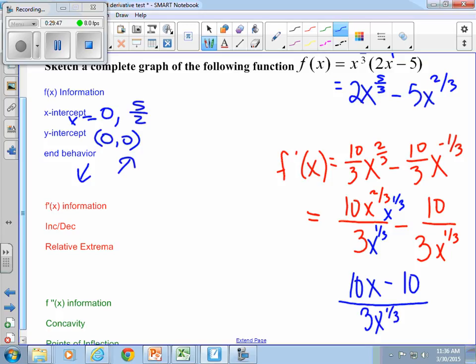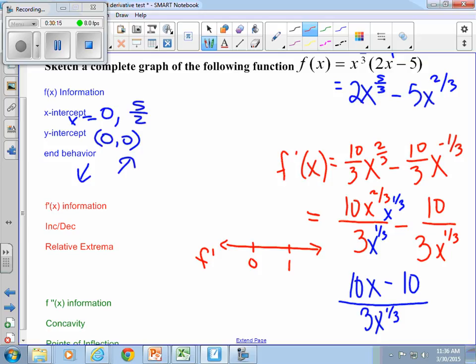So when does that equal 0? At 1. How'd you get that? Top has to equal 0. And when is it undefined? Okay. So this is my f prime sign chart. Plug in something less than 0, like -1.